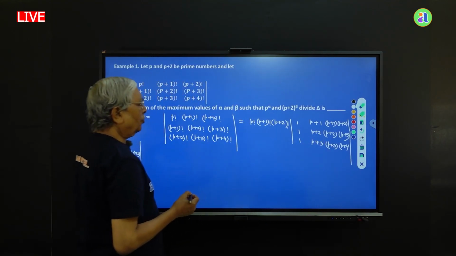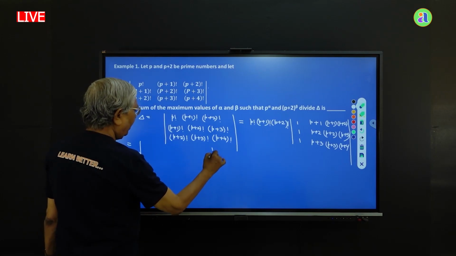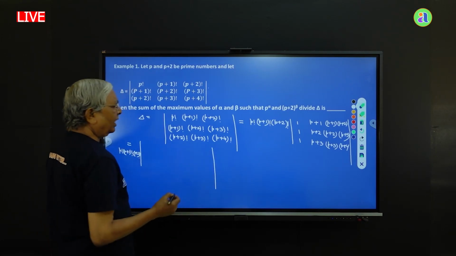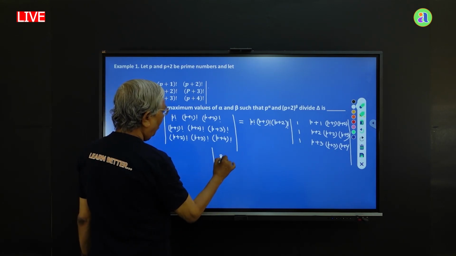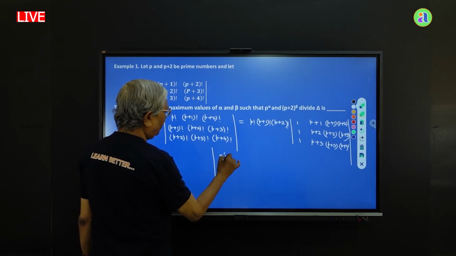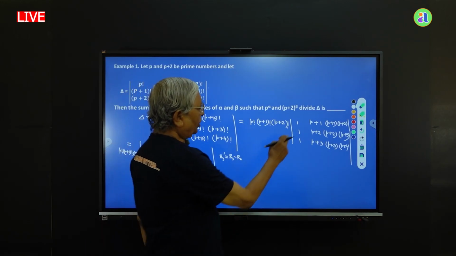R3 dash is equal to R3 minus R2, that is, third row changed.